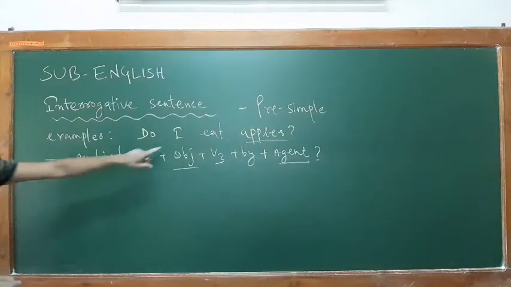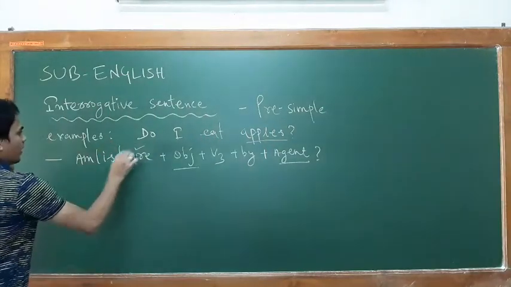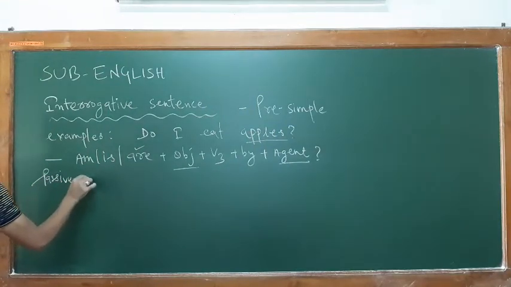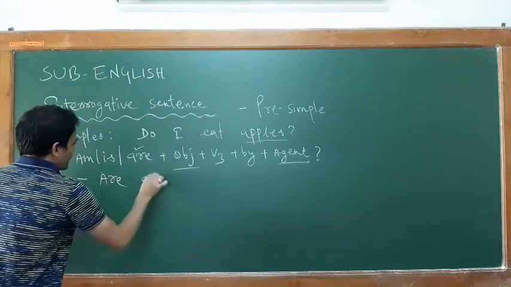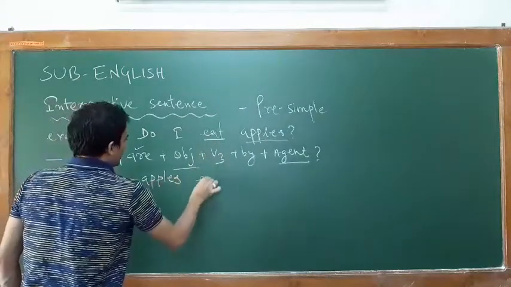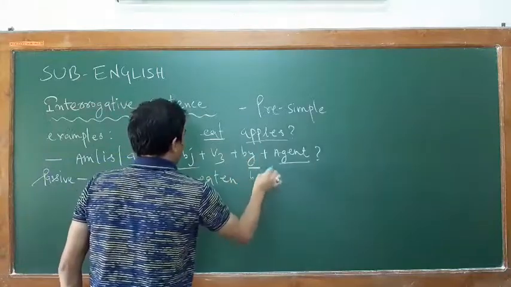Now you see your object, it denotes plural number, so of course are to be selected in passive. Are, then write down your object, are apples, then V3 of it, eaten, then preposition by, agent.